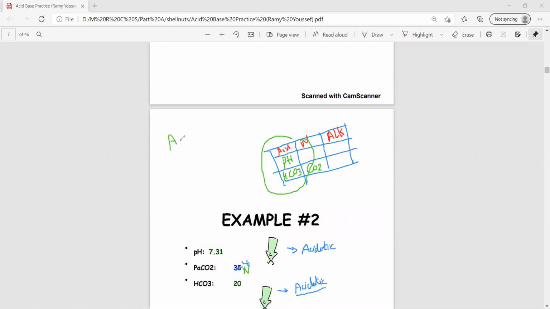The ABG has four parts. Sorry, not three, four parts.